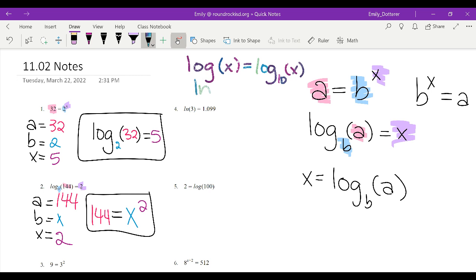If it's the natural log of whatever, the base is e. So e is a number in the same way that pi is a number. It goes on forever. And so we decided on a symbol for it. That symbol is e. So it's like 2.718, and it just goes on forever.